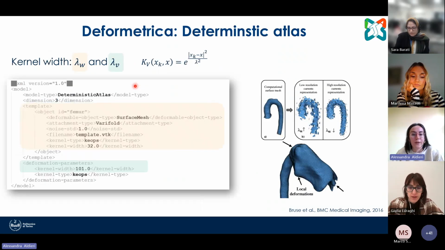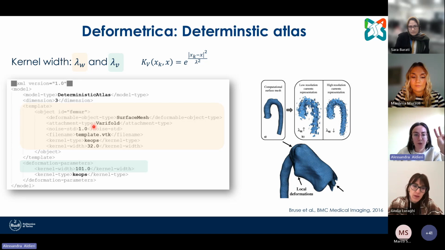Actually, Deformetrica employs two different kernels, which are used in two different sections of the model file. So the first kernel, which is defined by the so-called lambda W, refers to how the shapes are represented. So the input shapes are represented, and therefore it also refers to the template computation.